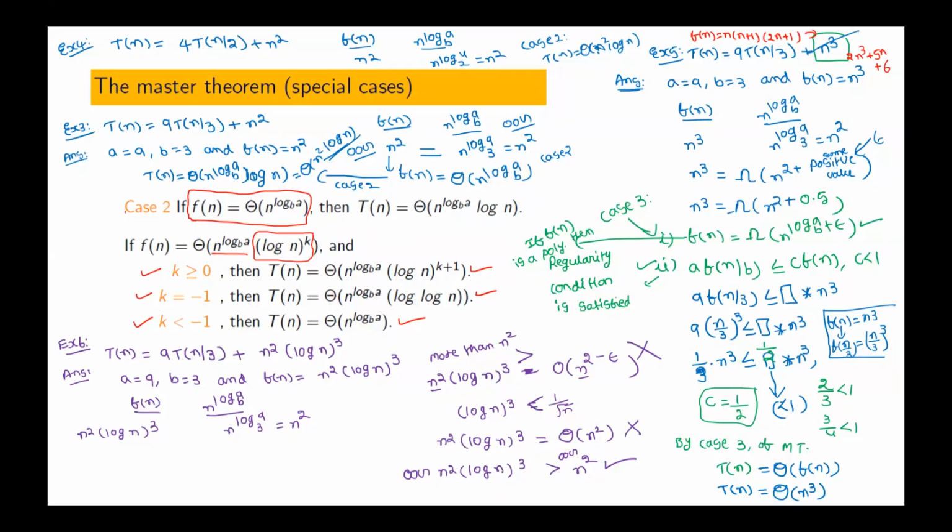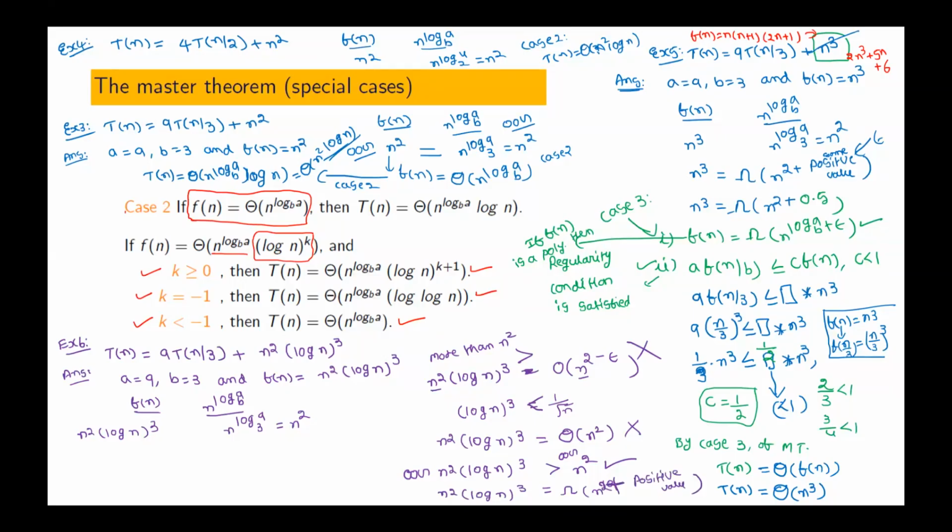Okay. Now, does it mean that it is possible to write it as n square plus some positive value? We know that n square into log n whole cube is greater than n square from the order of growth point of view.